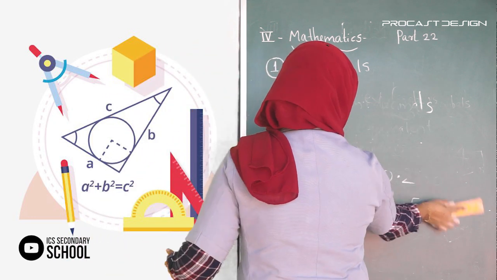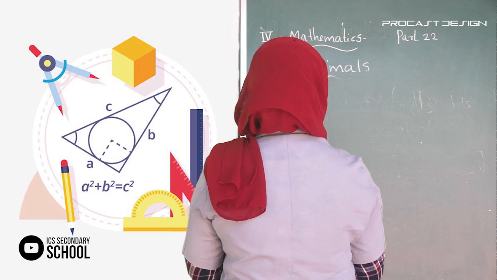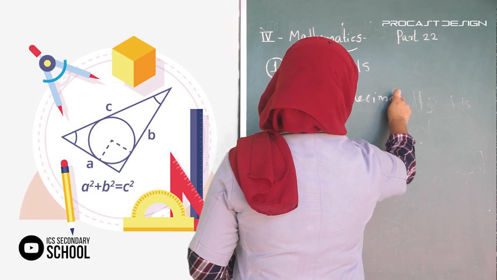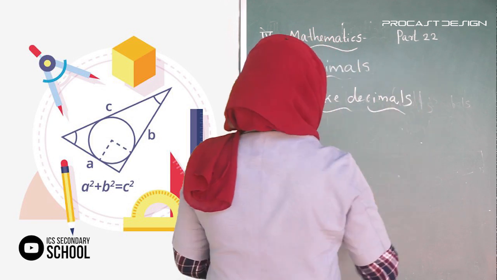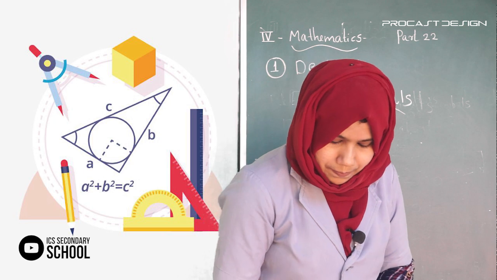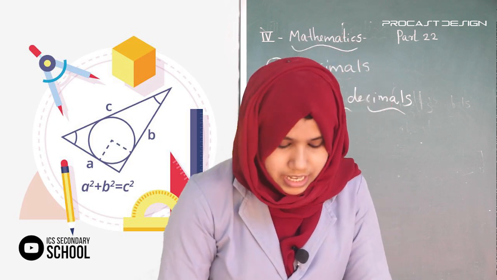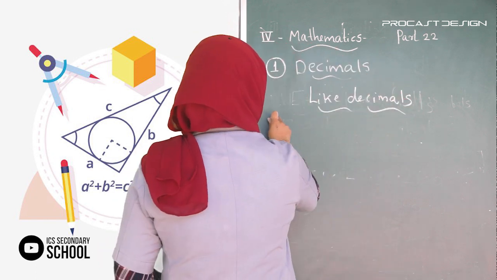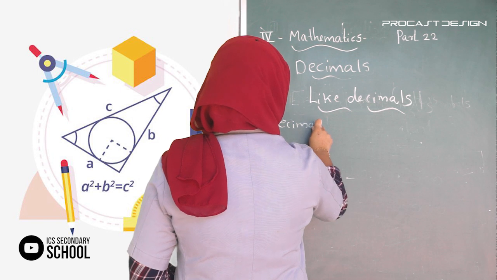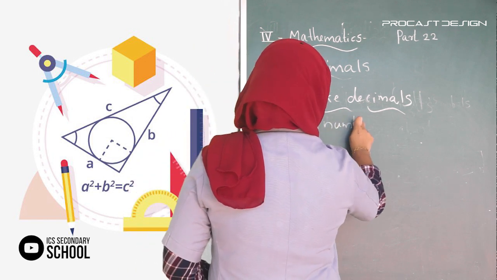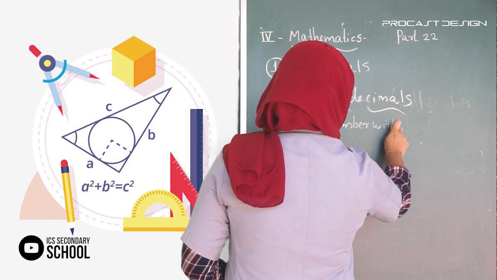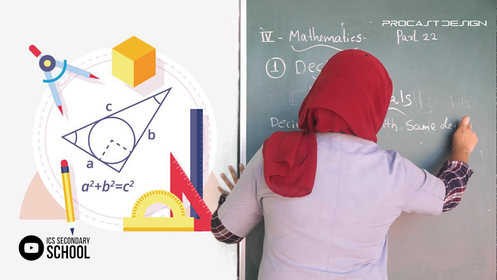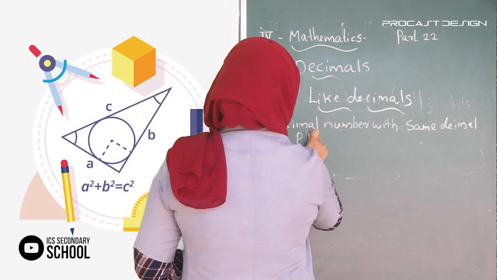Our last topic is like decimals and unlike decimals. Okay, like decimals means decimal numbers with the same number of decimal places. Decimal numbers with the same decimal places.